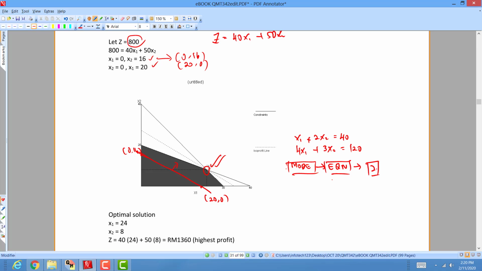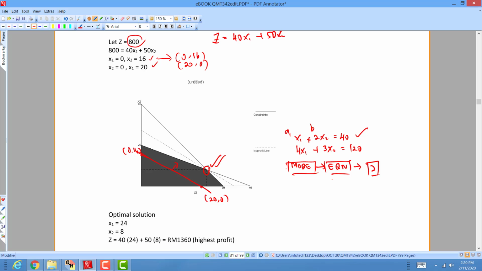Okay, so A1 kita here. Coefficient for X1. A1 kita adalah 1 equal, B1 kita adalah 2 equal, C1 kita adalah ini 40. Okay, so A2 kita here. Ni settle ya, A1, B1, C1.